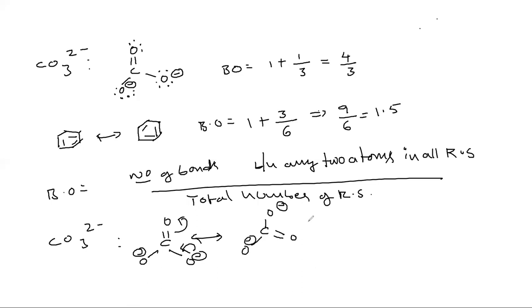The resonating structure is like this, and again this migrates like this, and this pi electron will migrate like this, giving C with O minus, double bond O, single bond O minus.